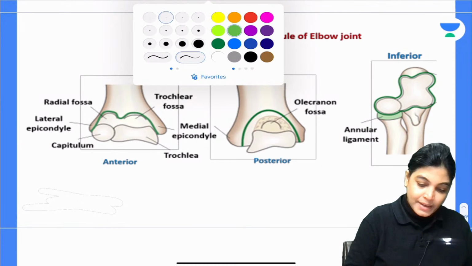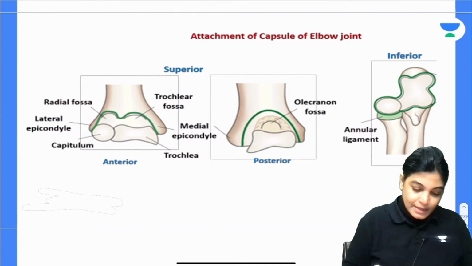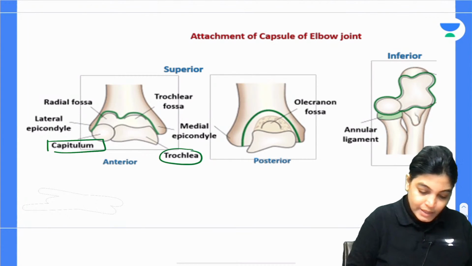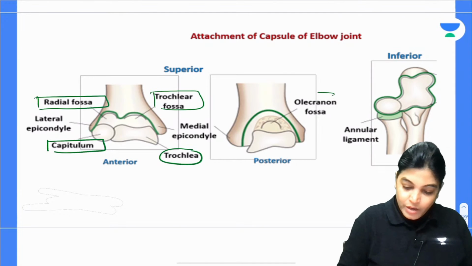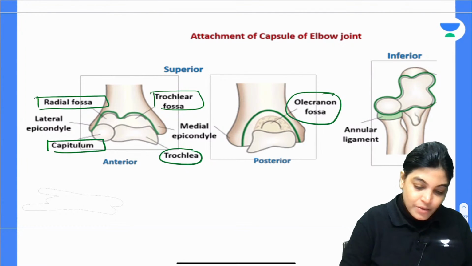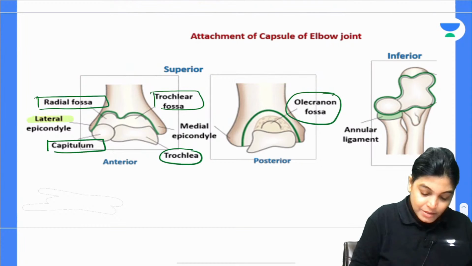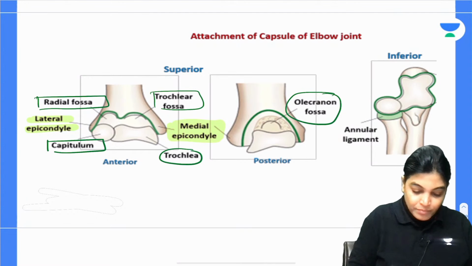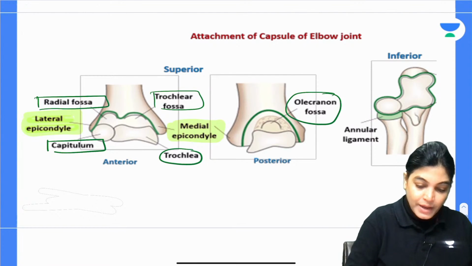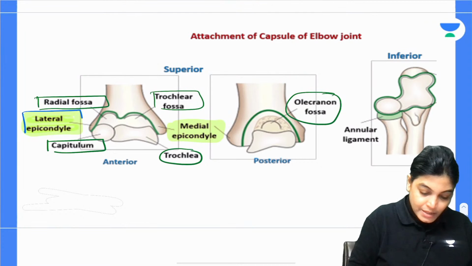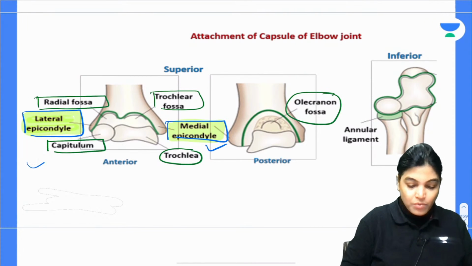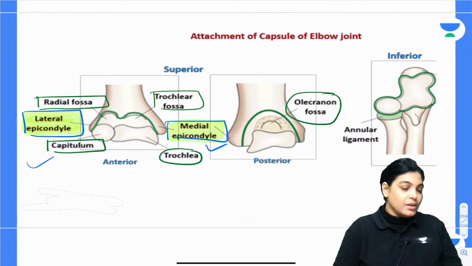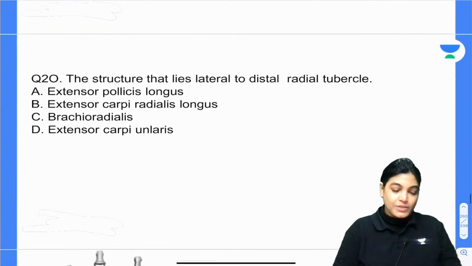The structures residing inside are the capitulum, trochlea, radial fossa, trochlear fossa, olecranon fossa, but the lateral epicondyle and the medial epicondyle lie outside the green line, because they lie outside the attachment of the fibrous capsule. Got it? This is quite clear by seeing this image. So all the best. Let's move on to the next one, question number 20.